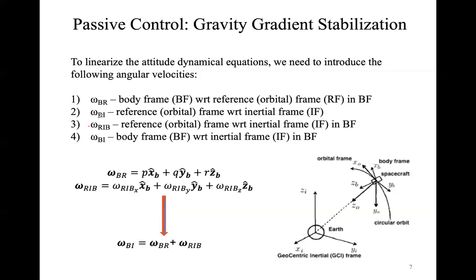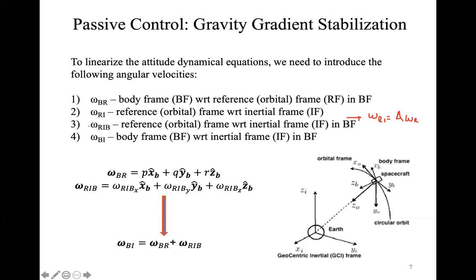The only difference is that this vector here, let me write down, omega Ri, is basically the attitude matrix times omega Rib.